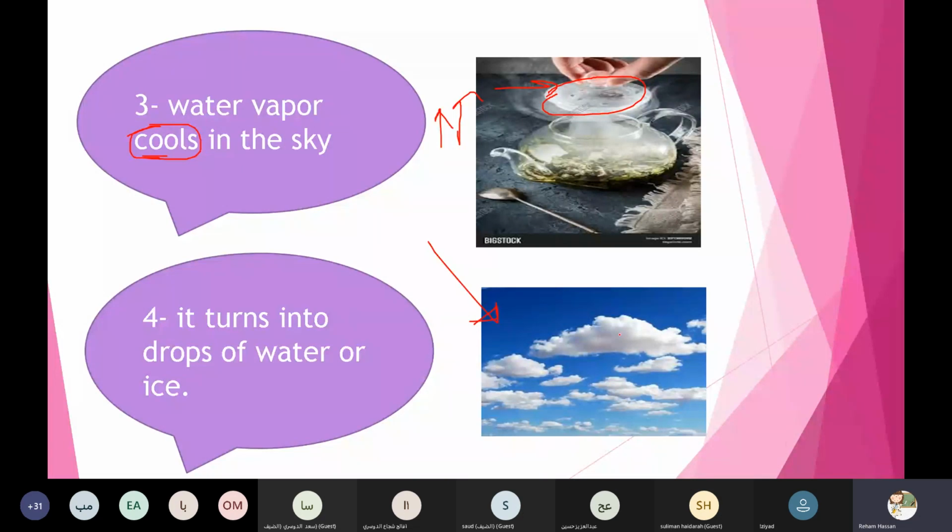Yes, Ziad. Welcome. Ziad? Yes, teacher. So Ziad, number 3, the water vapor cools in the sky. It cools in the what? This water vapor cools in the sky.